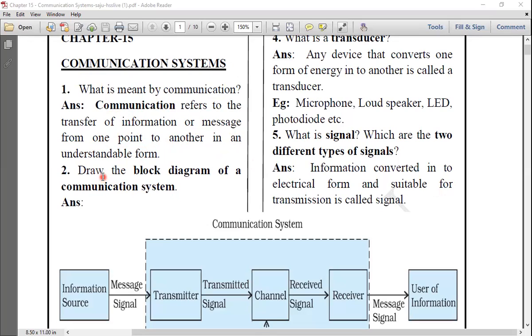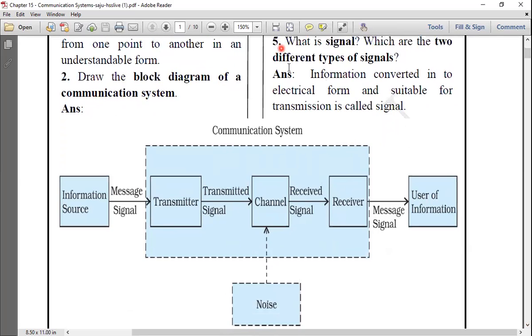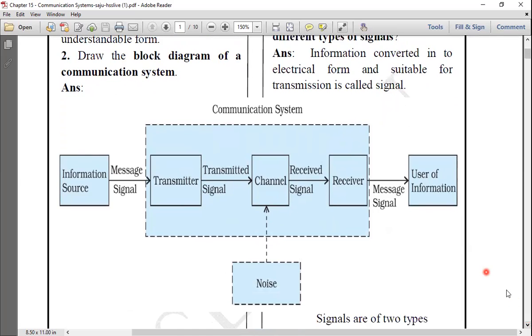Next, you see how is the block diagram of communication system. So you can see here. This is information source, then this is message signal, then this is transmitter, transmitted signal, then channel, then here it is noise, may add received signal, then receiver, and then this message signal, and then user of information.